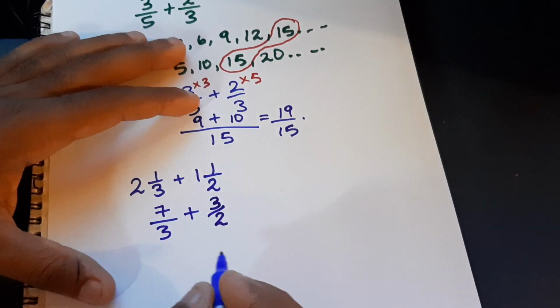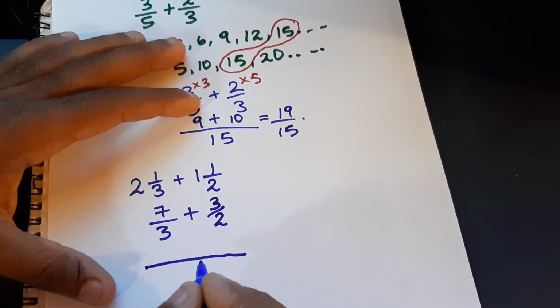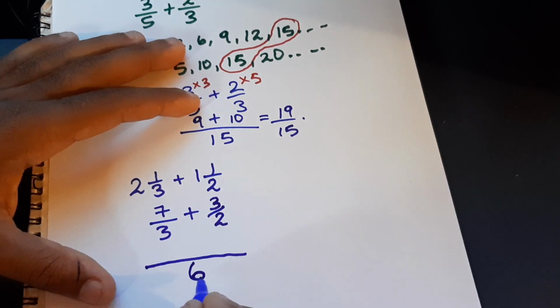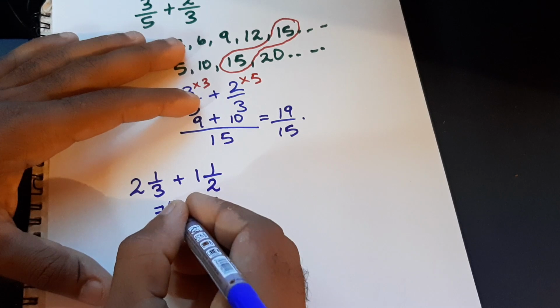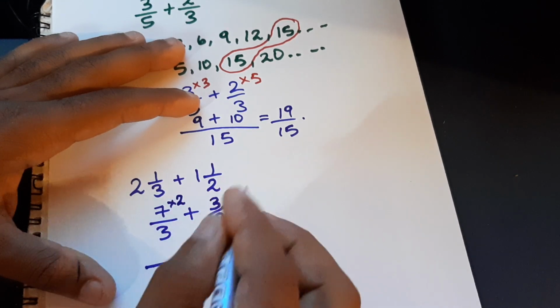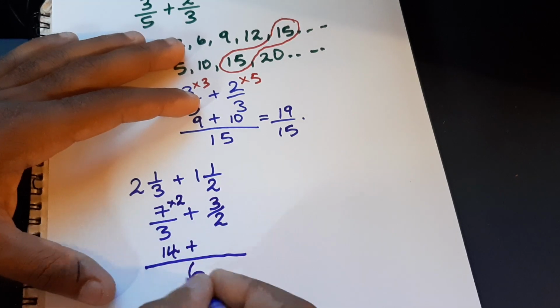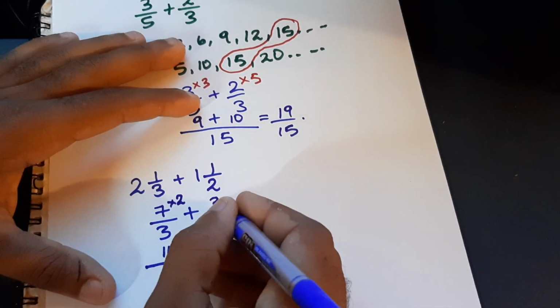Afterwards, we're going to find the LCM. So remember, we found the LCM for 2 and 3 already. LCM for 2 and 3 is 6. So 3 into 6 goes 2. What am I going to do with the 2? I'm going to multiply the 7 by the 2. So 2 sevens, 14. Plus 2 into 6 goes 3. 3 times 3.